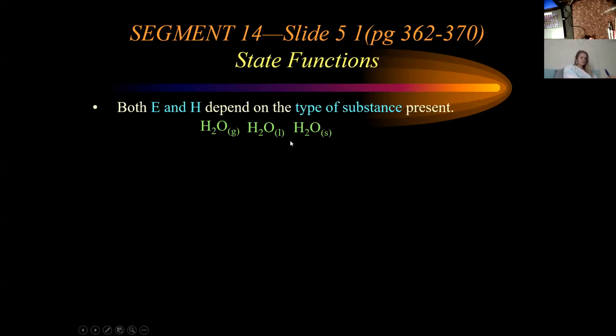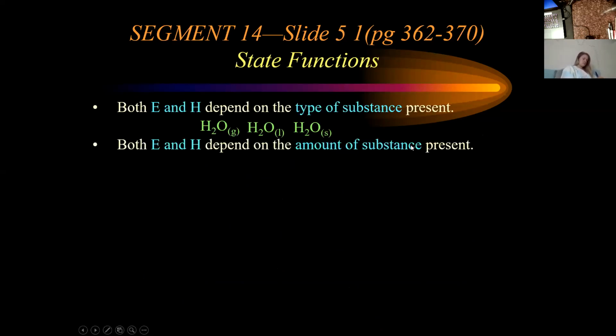It does depend on the phase of the matter. And, you know, I told you these things are going to be in the back of your book. It'll be very critical that you notice the state symbol, because you'll have three different numbers for water in the back of your book; its enthalpy would have three different values depending on whether it's gaseous, liquid, or solid.